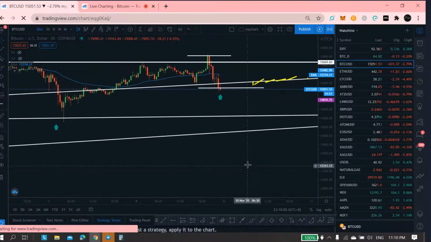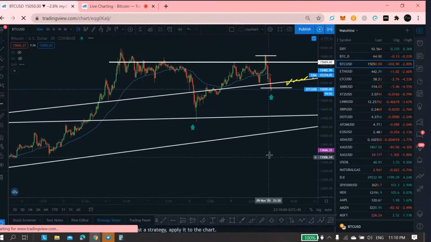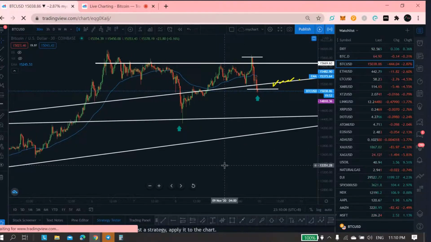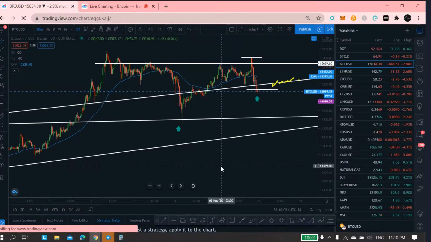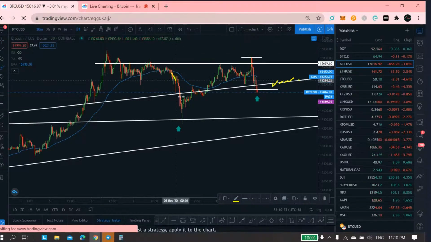So 19 minutes left before the 30-minute candle will close. It broke down this area. So this is the moving average. If it breaks down, it's actually bearish, like this one.